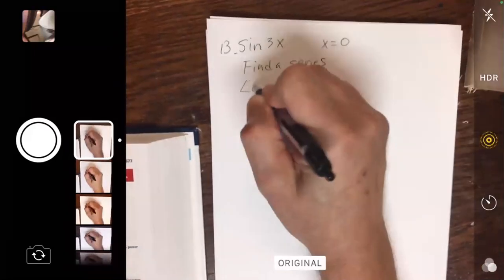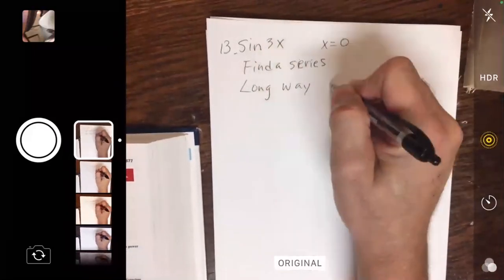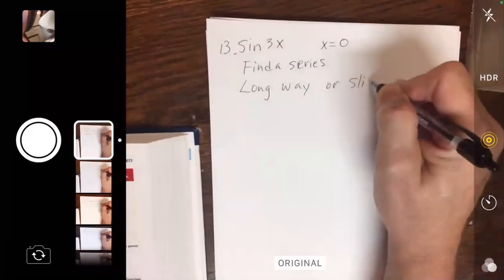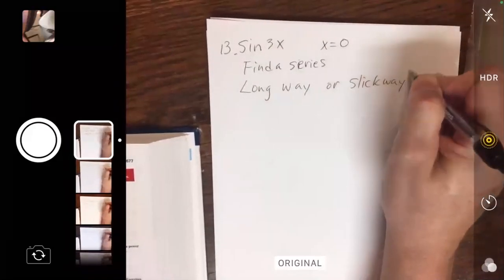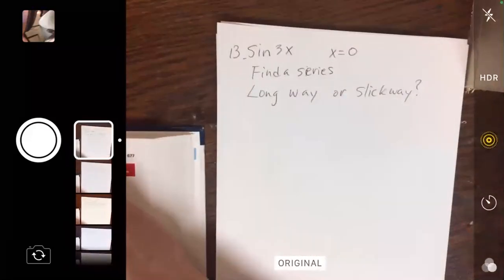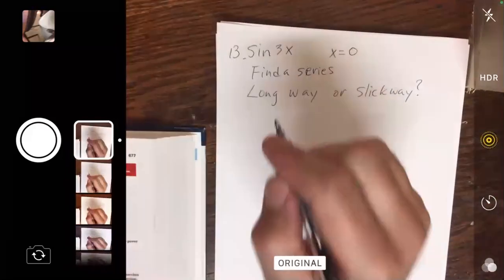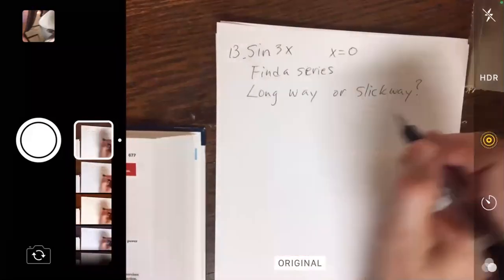You want the long way or slick way? I'll give you your choice. Or you want both? Why not go the easy way? Okay. So I'm getting the mood of the room to do it the slick way.